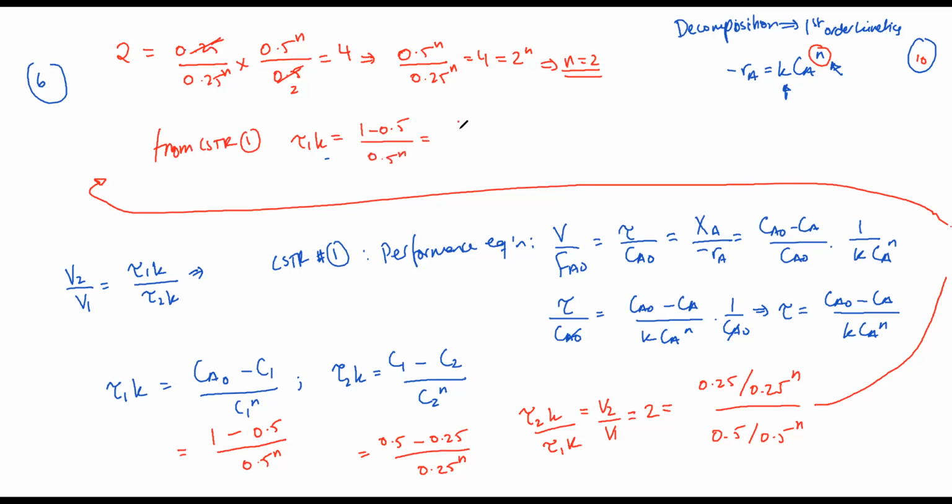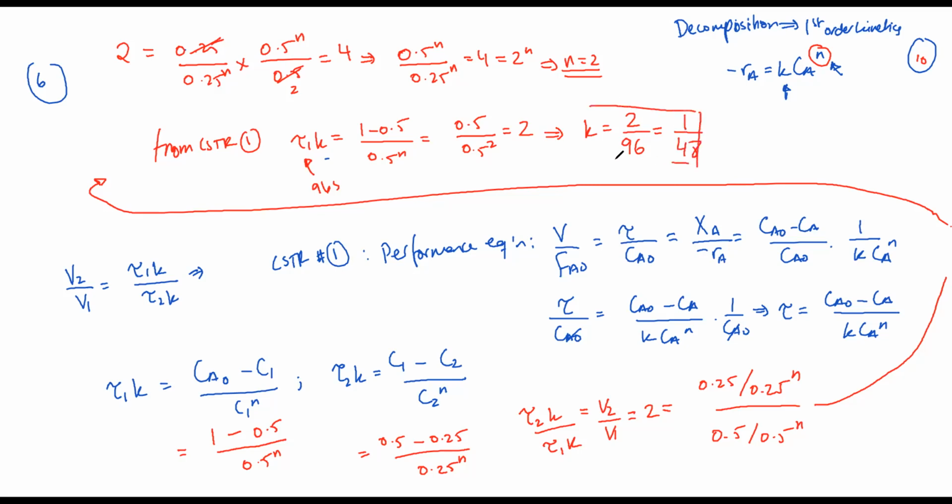This is equal to 0.5 over 0.5 squared, and this is 2 basically, right? And I know that tau 1 is 96 seconds. So this means that k is equal to 2 over 96, which is 1 over 48, right?